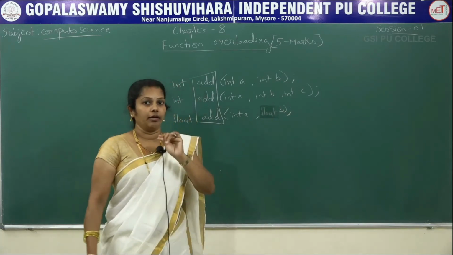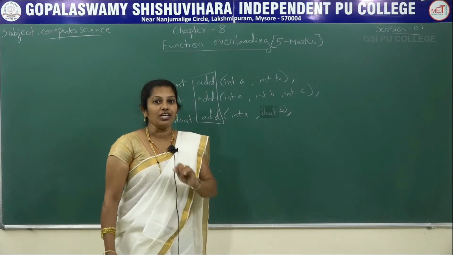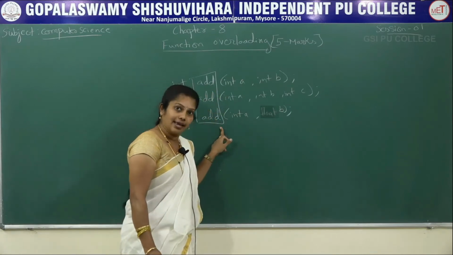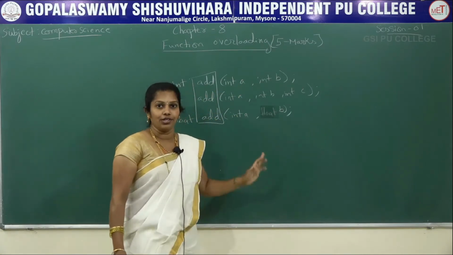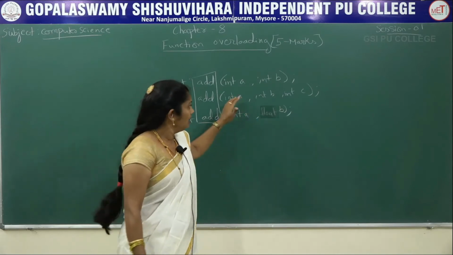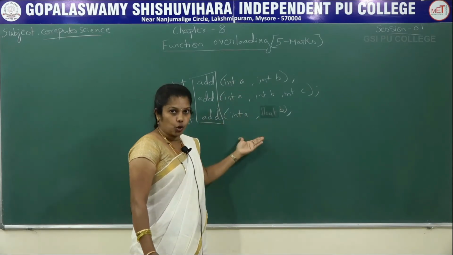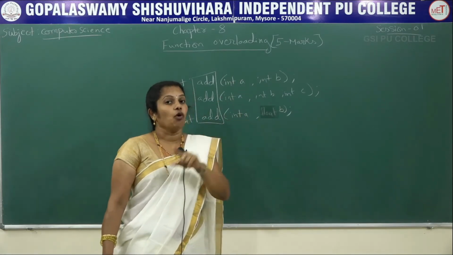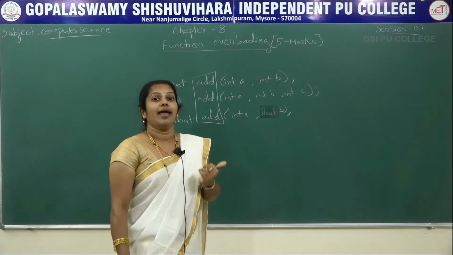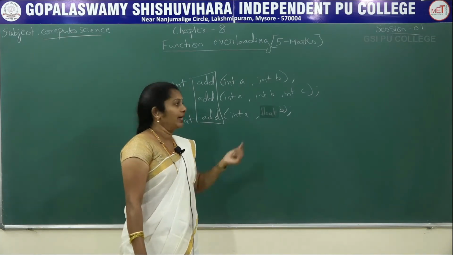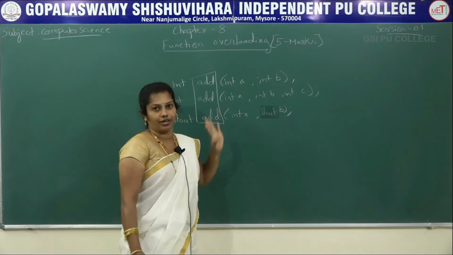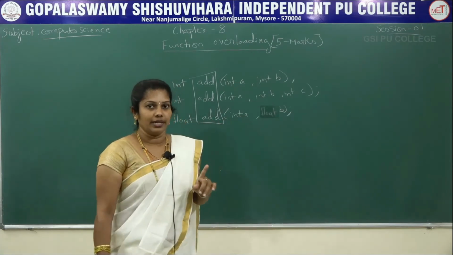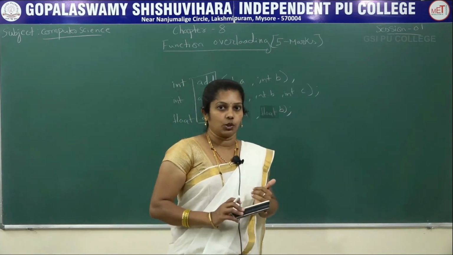Function overloading means 2 or more function names are the same but differ in the number of arguments: 2 arguments, 3 arguments, 2 arguments, or differ in the data type of the argument. It is very, very important. In the viva also they will ask this question.